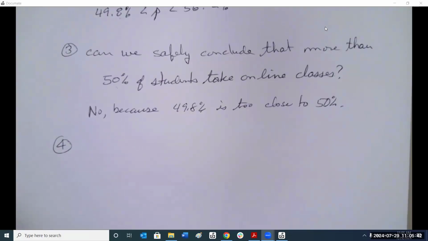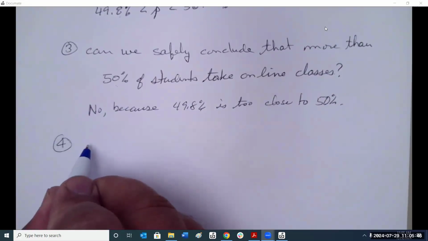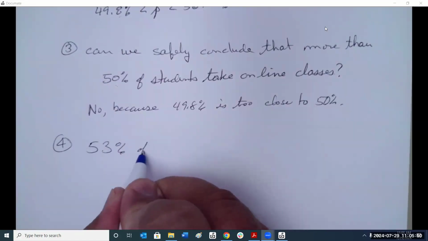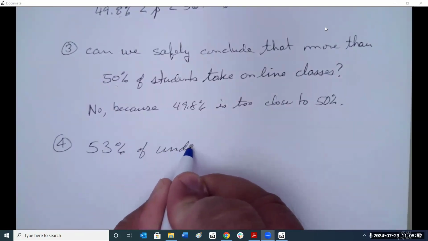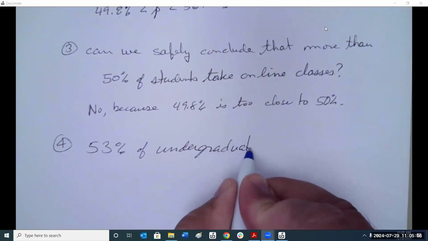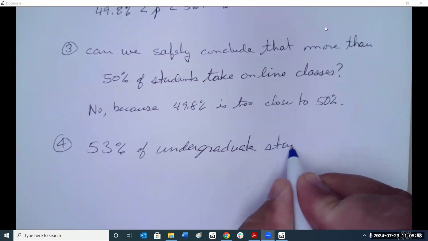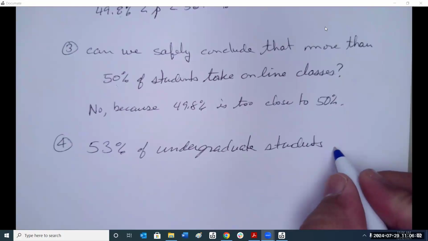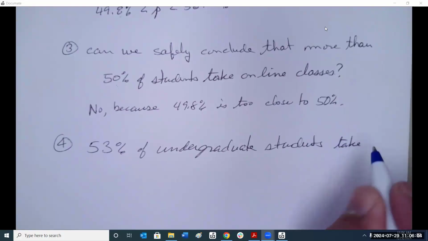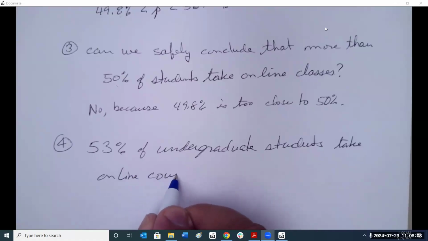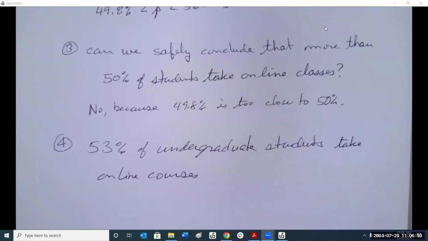So 53% of online undergraduate students take online courses.